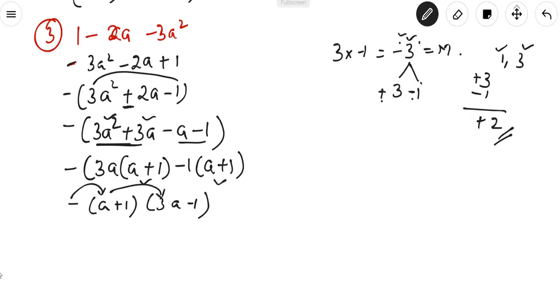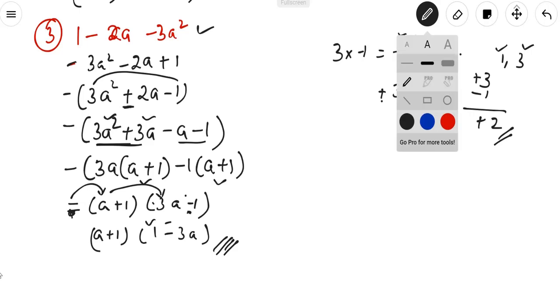I will multiply with the second term. So it is a plus 1, as it is, I'm going to write it down. This one I'm going to write as 1 minus 3a, because I'm multiplying minus into minus, so this becomes plus. Again minus into plus, so this becomes minus. Okay, so these are the two factors of your problem number 3.